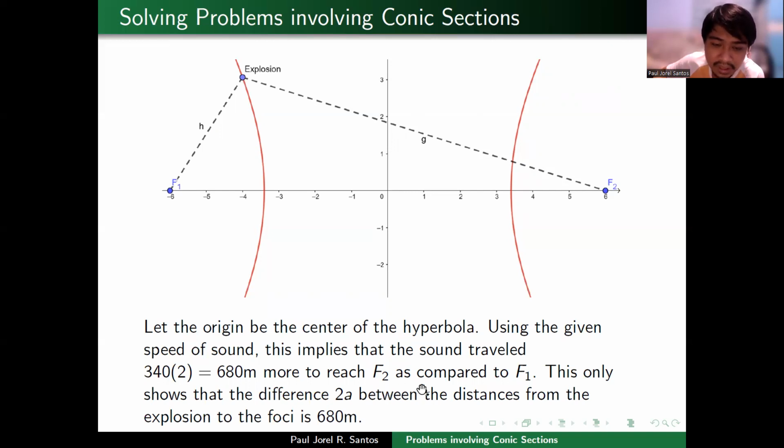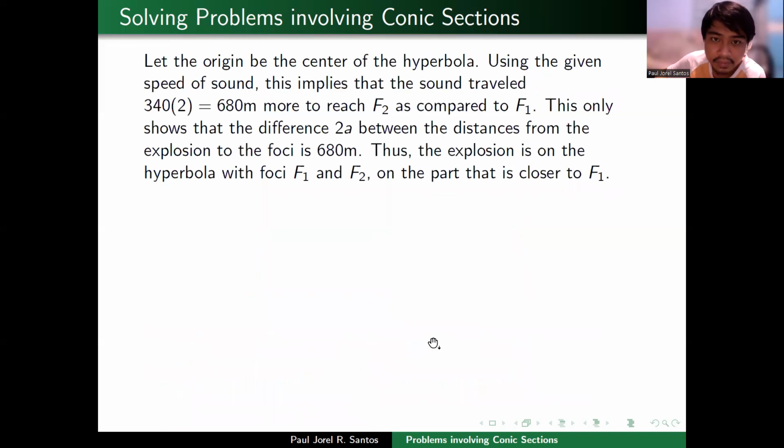This only shows that the difference 2a between the distances from the explosion to the foci is 680 meters. Now, thus the explosion is on the hyperbola with foci F sub 1 and F sub 2, on the part that is closer to F sub 1, because the sound was heard 2 seconds in advance in F sub 1 than in F sub 2.